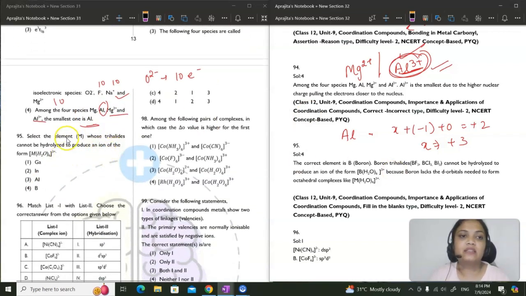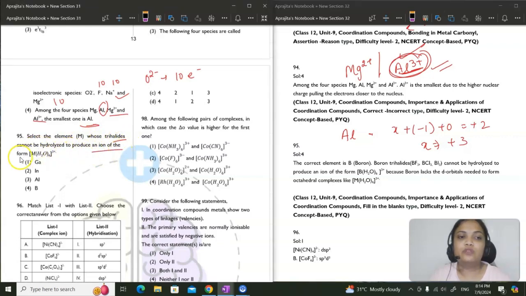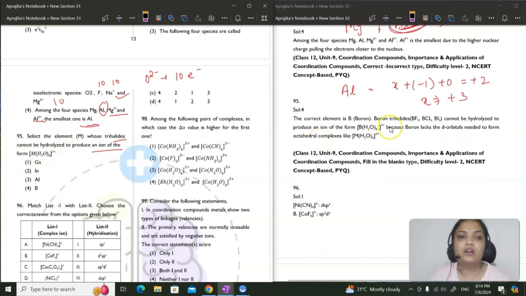Okay, next is: select the element M whose trihalides cannot be hydrolyzed to produce an ion of this form. So the answer in this case is boron. We have gallium, indium, aluminium and boron.